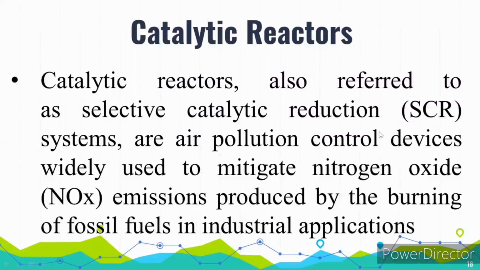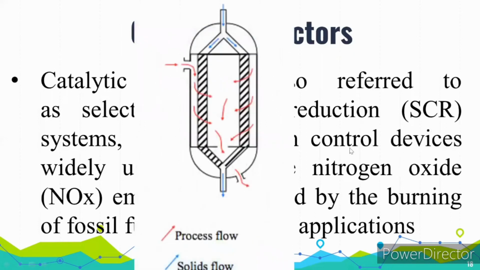Next is catalytic reactors. Catalytic reactors, also referred to as selective catalytic reduction, in short SCR systems, are pollution control devices widely used to mitigate nitrogen oxide emissions produced by burning of fossil fuels in industrial applications. This is how catalytic reactors work.